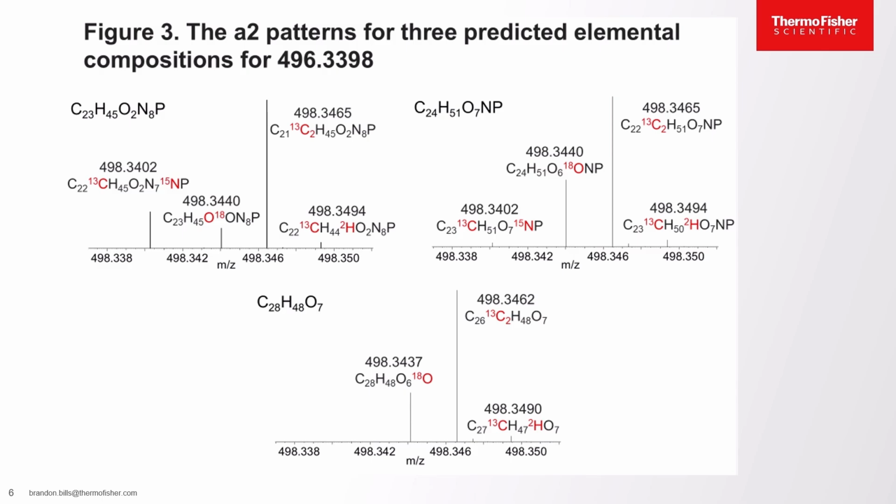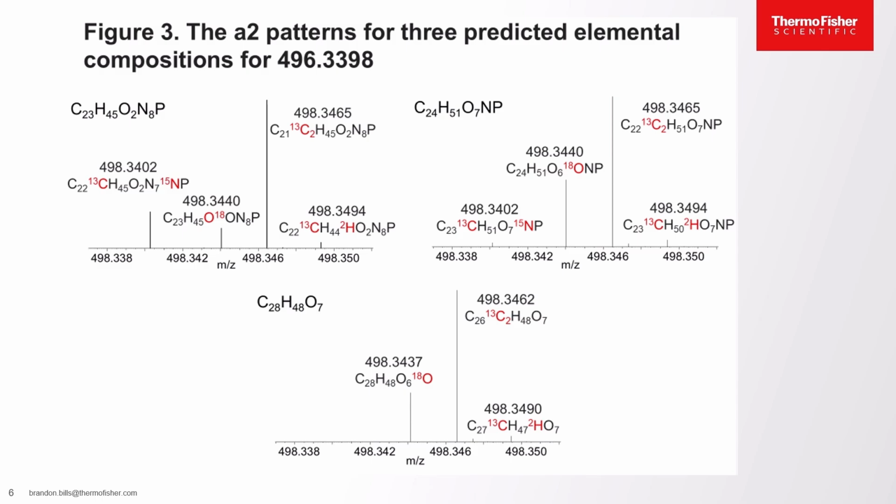We've got the carbon-13 with the nitrogen-15, one with an oxygen-18, we have 2 carbon-13s, or we could have a carbon-13 with a deuterium. Now we know from the previous figure that we've got at least 4 peaks to look at. So we know the bottom pattern can't be correct. We also know that there was a lot more of the oxygen-18 peak than the carbon-13 plus nitrogen-15 peak. So the left pattern isn't quite right.